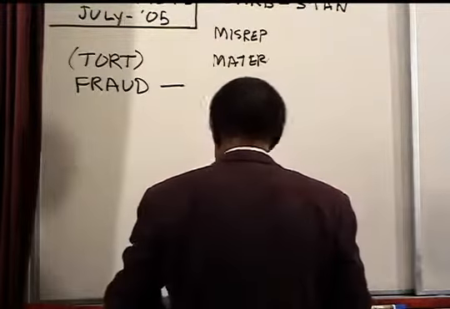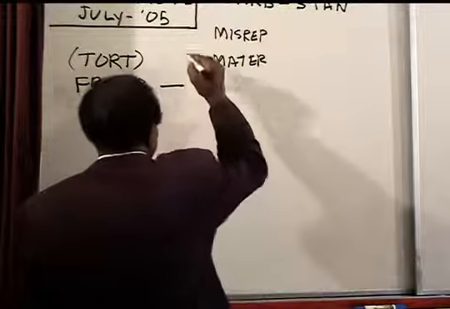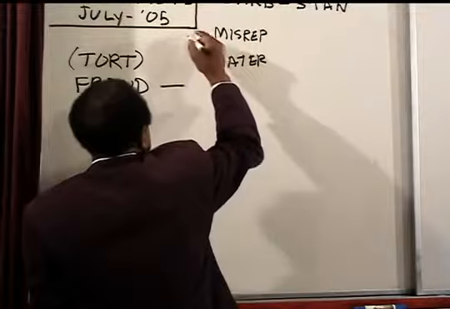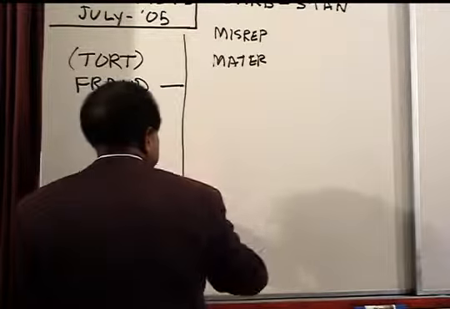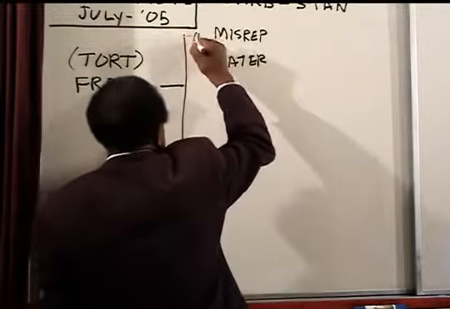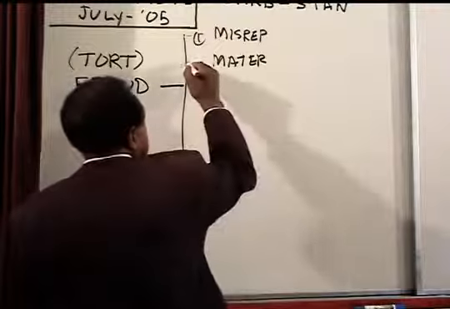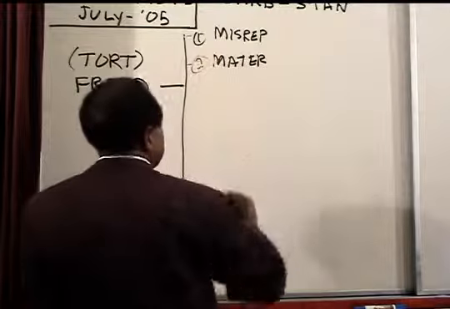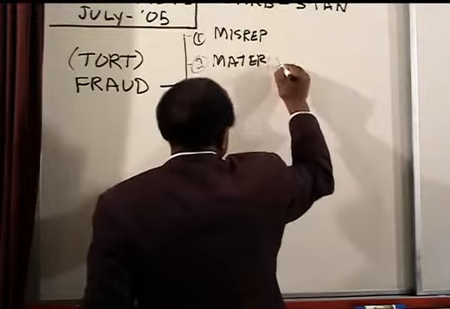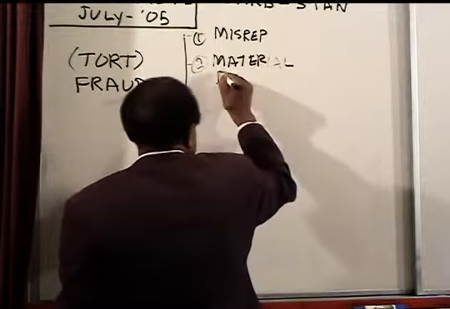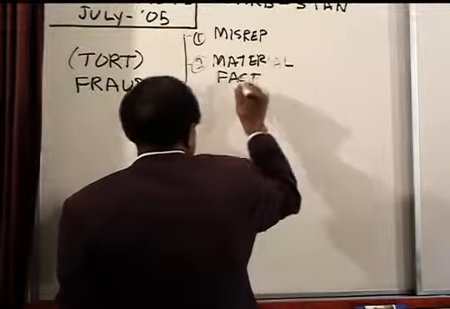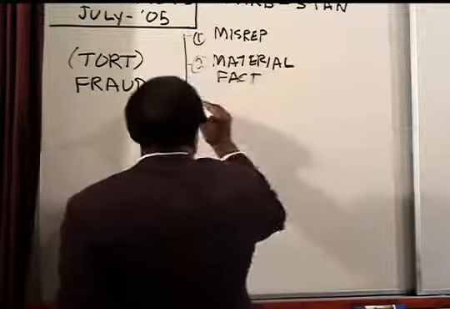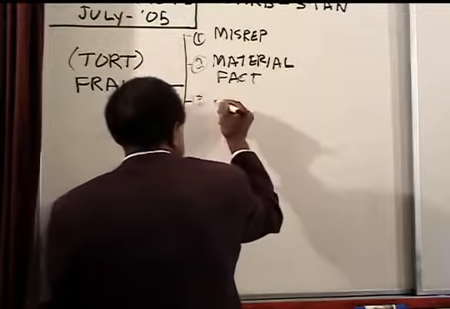So the fraud is number 1, the misrepresentation, 2, of a material fact, number 3, with scienter.